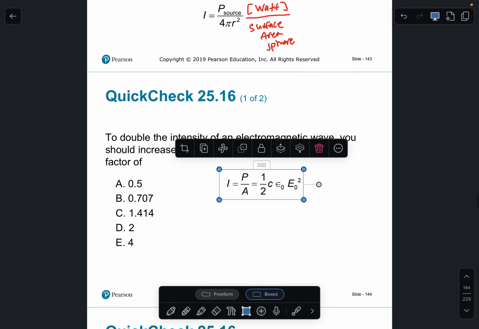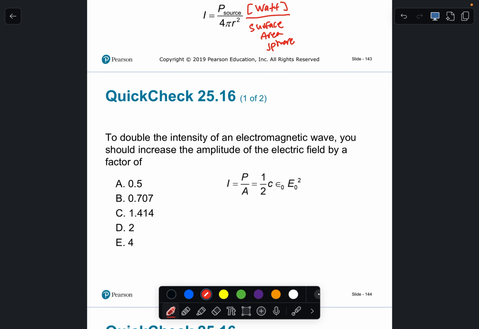So if we want 2I, what do we have to do to the right-hand side of the equation as far as the E field amplitude? We need a 2 to come out of this equation. How would a 2 come out?